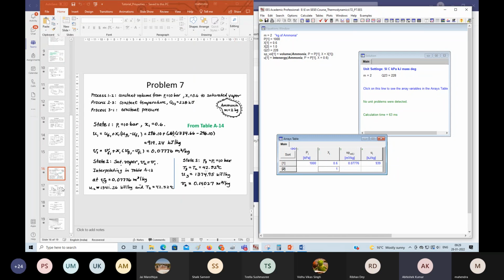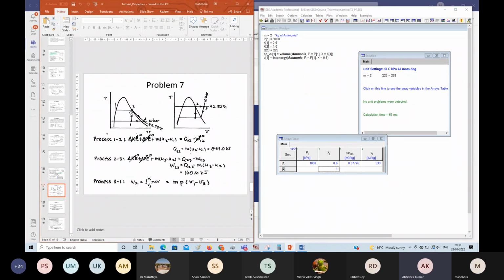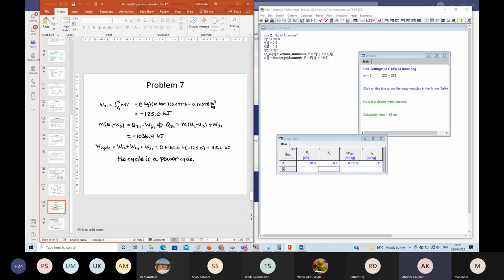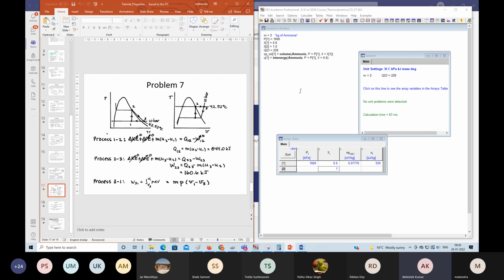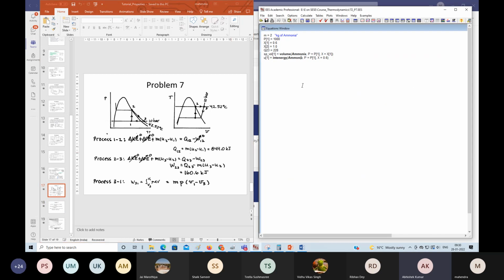Now state 2 is telling about what? State 2 is saturated vapor state. Okay, here pressure would be increasing, so that we will be calculating. Okay. Then here specific volume, what is it saying?